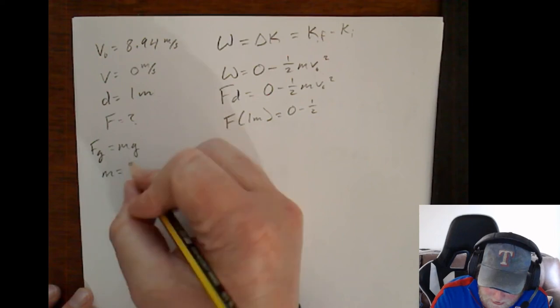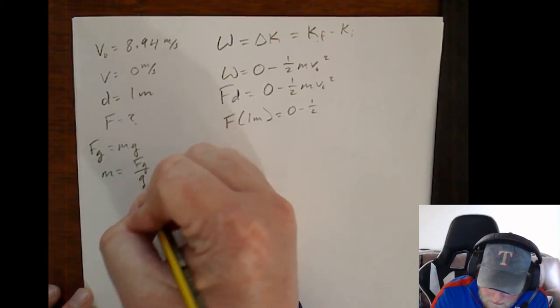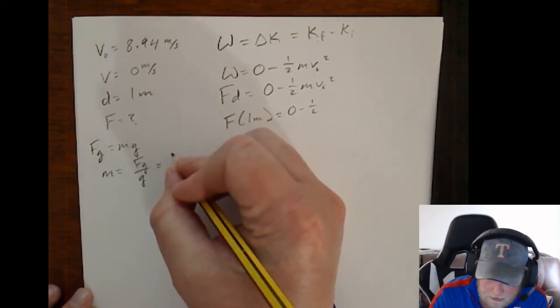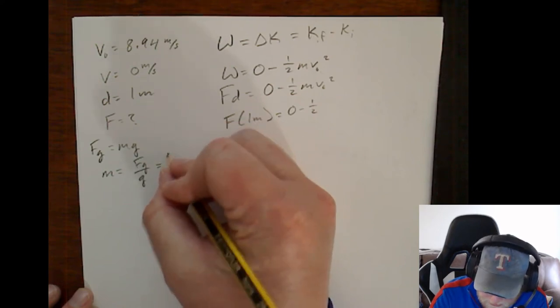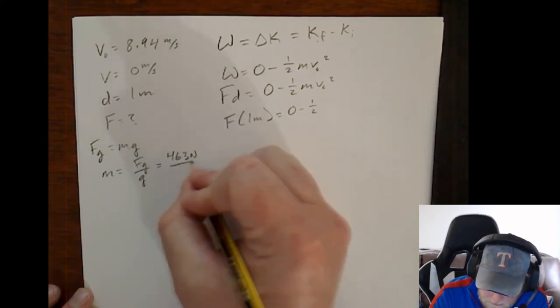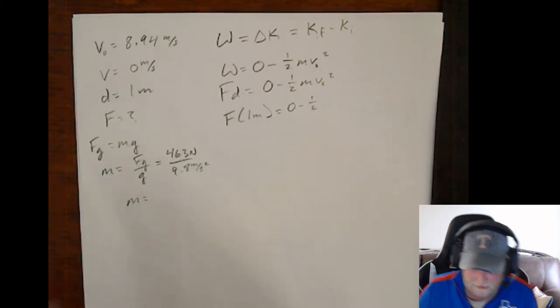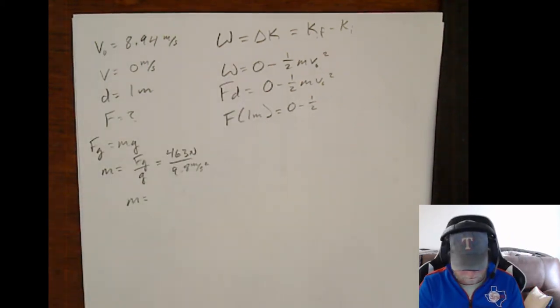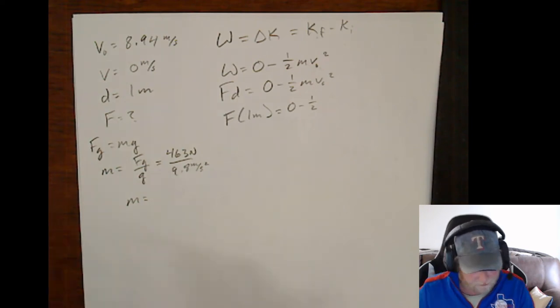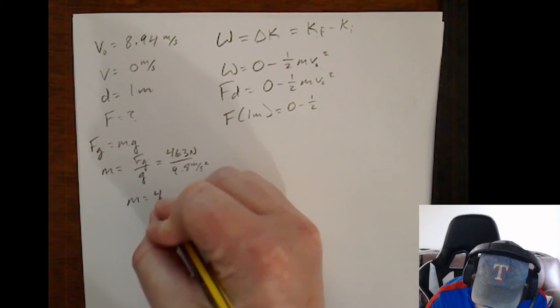So mass would be force of gravity over g, which would be 463 newtons over 9.8 meters per second squared. So the mass of the woman is 47.2 kilograms.